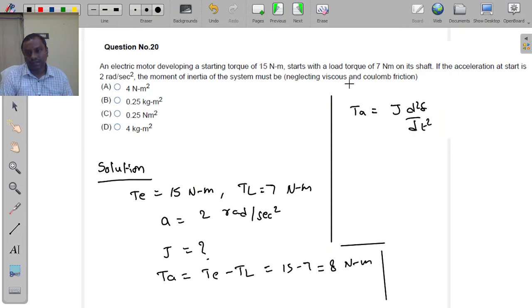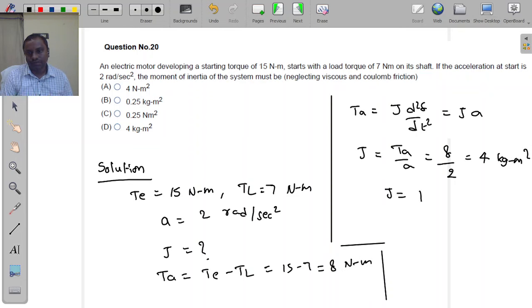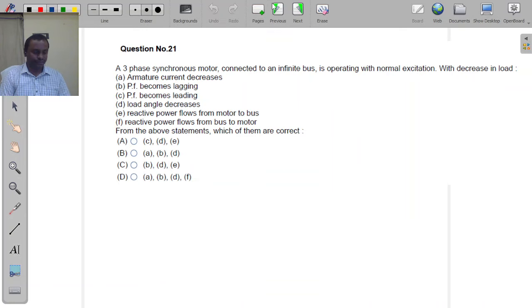Other terms they are asking to neglect, viscous and Coulomb friction. So other terms are neglected. That is J times A. From this, moment of inertia is accelerating torque by A. Accelerating torque 8 divided by acceleration 2 radians per second square. Now it will become 4 kg meter square. So J is 4 kg meter square is the answer. So the answer for this is option D. Moving into the next question.